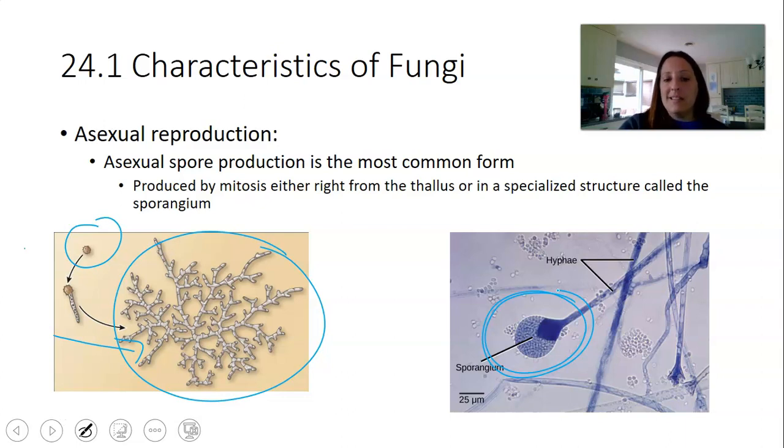Now, the spores in both of these cases are produced purely by mitosis. So there isn't mating between two strains or anything like that. It's just a spore produced by mitosis, either right from a hyphal strand or in a specialized structure, which we call the sporangium. But in either case, it's asexual spore formation.